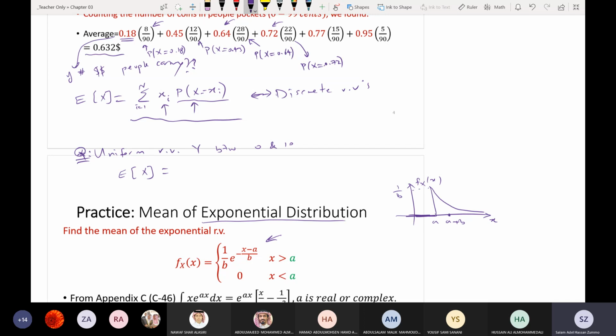We have a uniform random variable. Just to make it easier for you, if you forgot or are not 100% sure, the PDF looks like this: 1 over 10. It's basically equally likely that the random variable takes any value from 0 to 10. Now calculate for me the expected value, or the average.